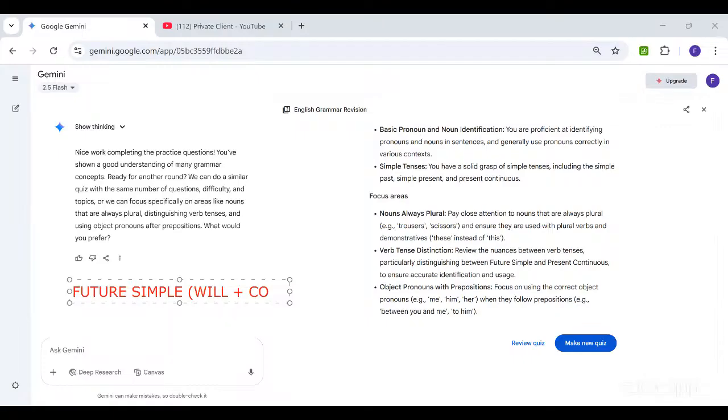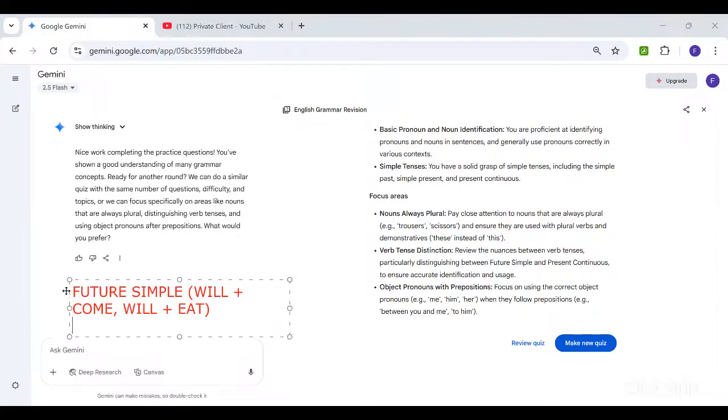I will come. Come is the basic form of the verb come. I will eat. I will sleep. I will dance, etc. Do you understand this? Yes. So the will there shows that it's future. The verb there, come, eat, shows that they're in a simple form.